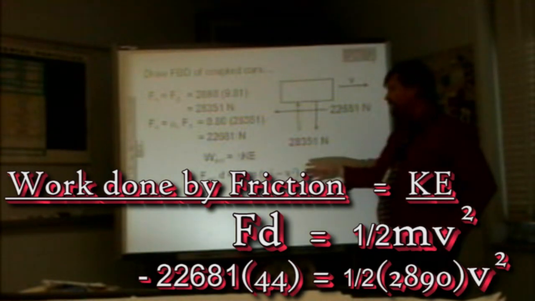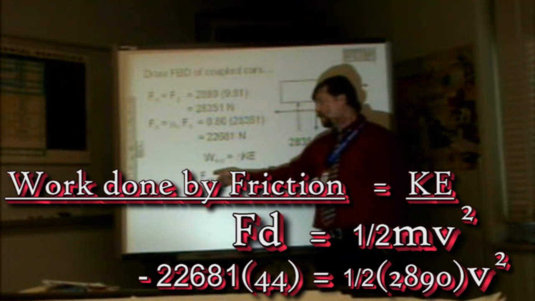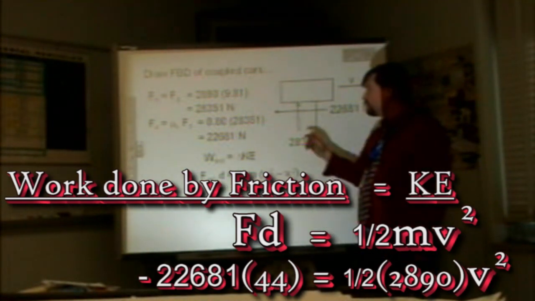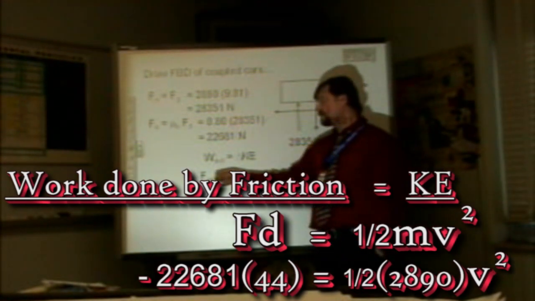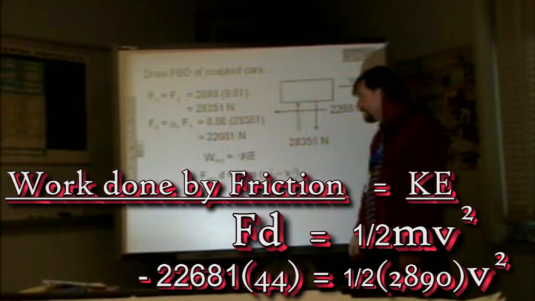So we know that our work is equal to our kinetic energy. Our work is the force applied over a distance. Our distance was 44 meters. The force that worked was the force of friction, stopping the car.